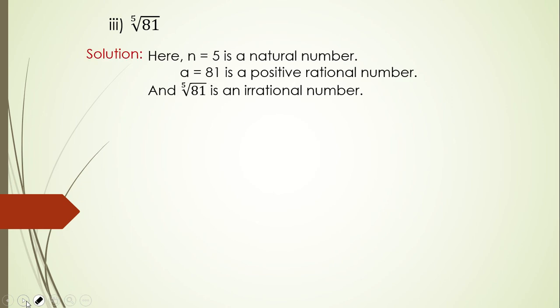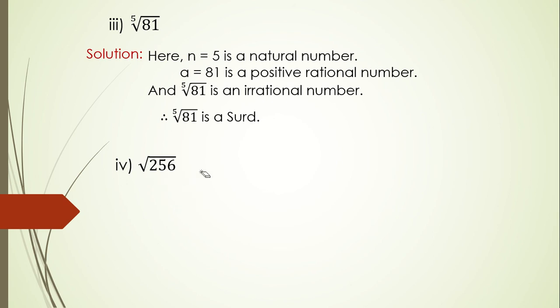Now, fifth root of 81. 5 is a natural number, 81 is a positive rational number, and fifth root of 81 is an irrational number also. Therefore, fifth root of 81 is a surd. Now, next, the fourth one, root 256. Now, square root of 256, I hope everybody knows it's 16, right?